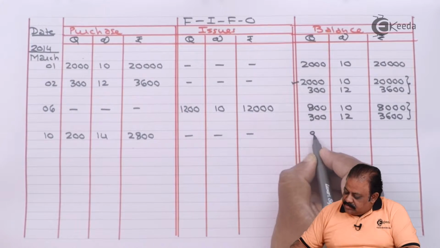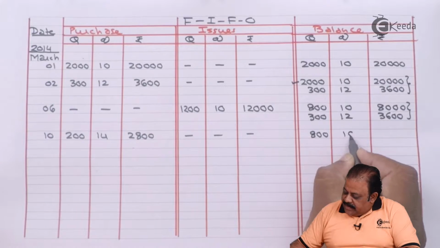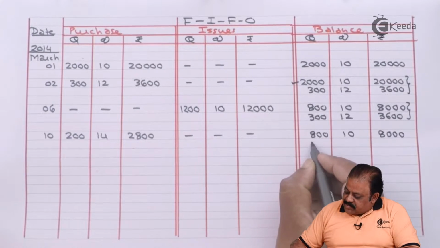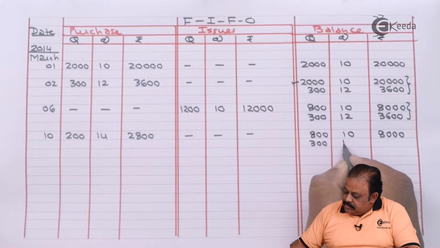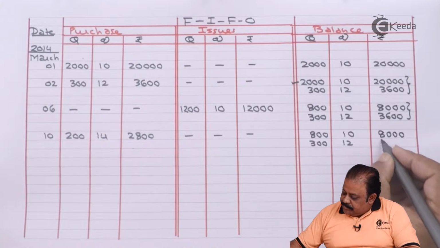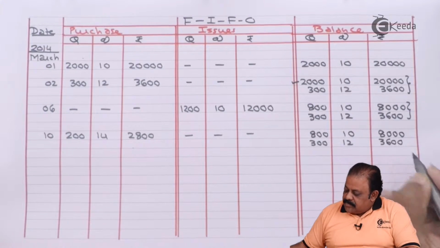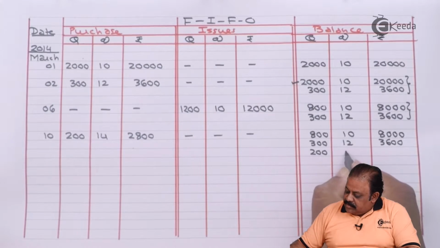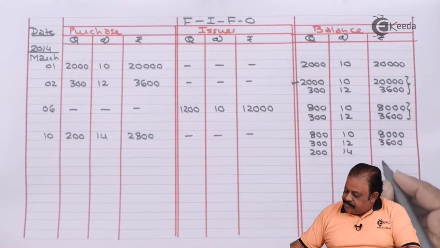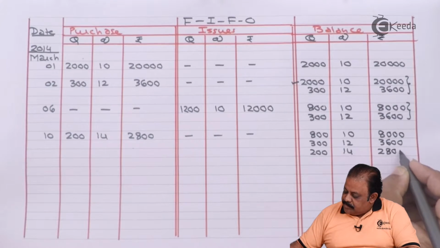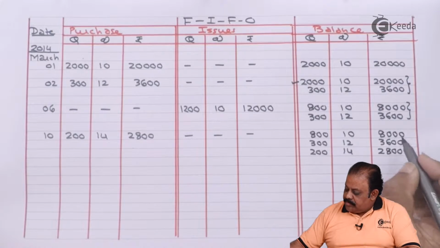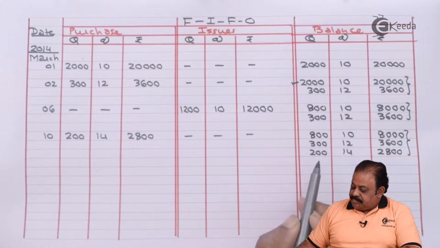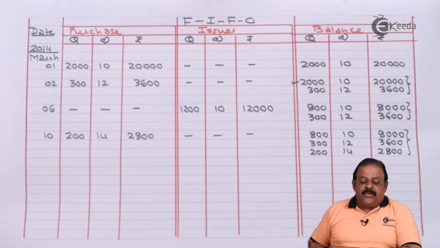First 800 units at the rate of 10, 8,000. Next 300 units at the rate of 12, 3,600. Fresh purchase 200 units at the rate of 14, 2,800. So now we have three stocks, 800 units, 300 units and 200 units.